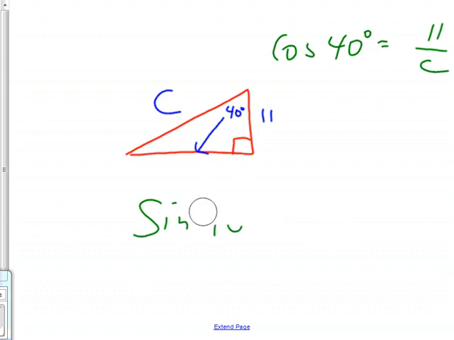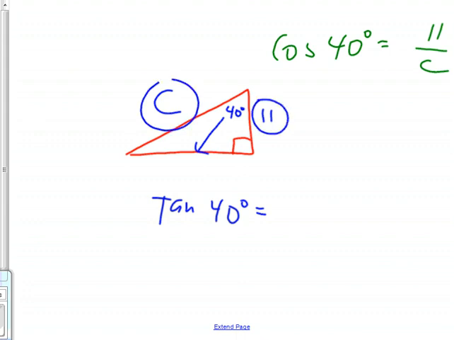Why can't tangent work? Tangent 40 has what in it? Opposite. And we don't have the opposite side. So tangent 40 isn't a good choice either. Still, my point by saying you could pick anything you want is you don't know for sure what you pick, and you keep looking for things until it's like, oh, this one works for me because it has these 2 things in it. All right.